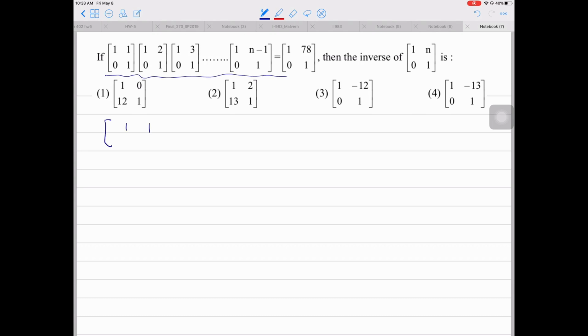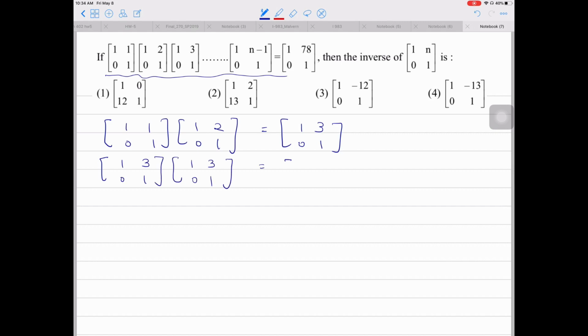So multiplying the first two matrices, the product of which is [1 3; 0 1], which is basically the next matrix. So the product of [1 3; 0 1] with [1 3; 0 1] gives [1 6; 0 1]. The product of this with the next matrix [1 4; 0 1] is equal to [1 10; 0 1].